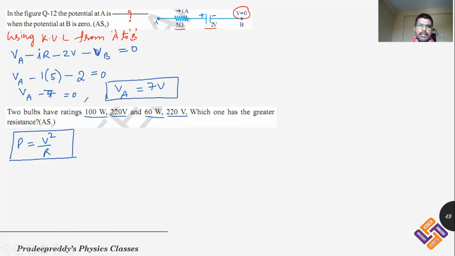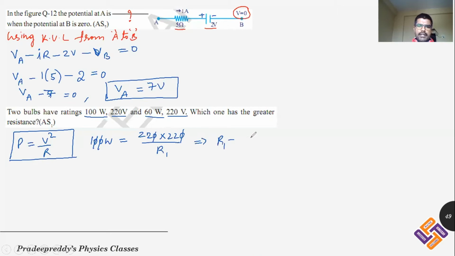Now in this formula, you just substitute the values. 100 watt is equal to 220 into 220 divided by resistance R1. This 0 gets cancelled, this 0 gets cancelled.